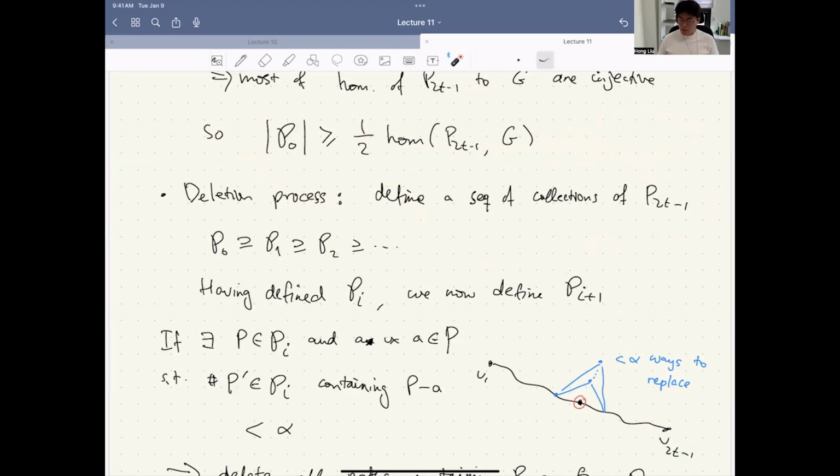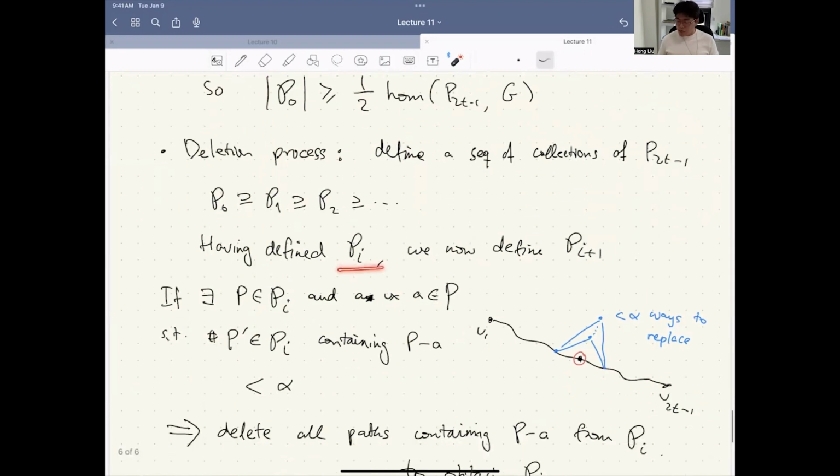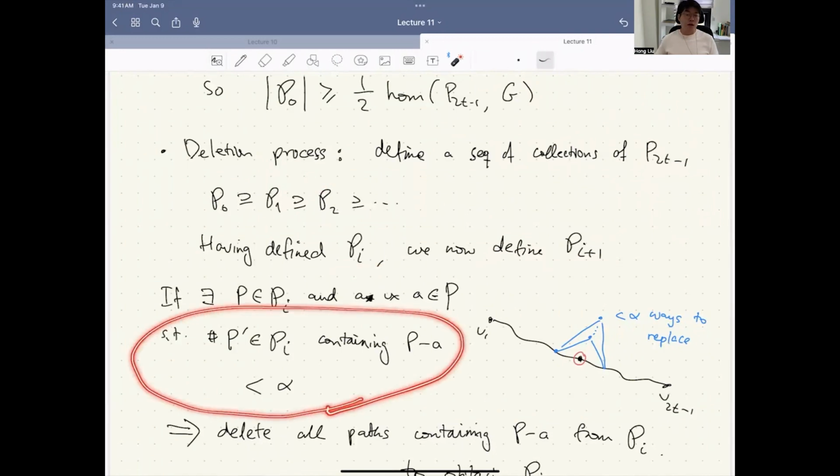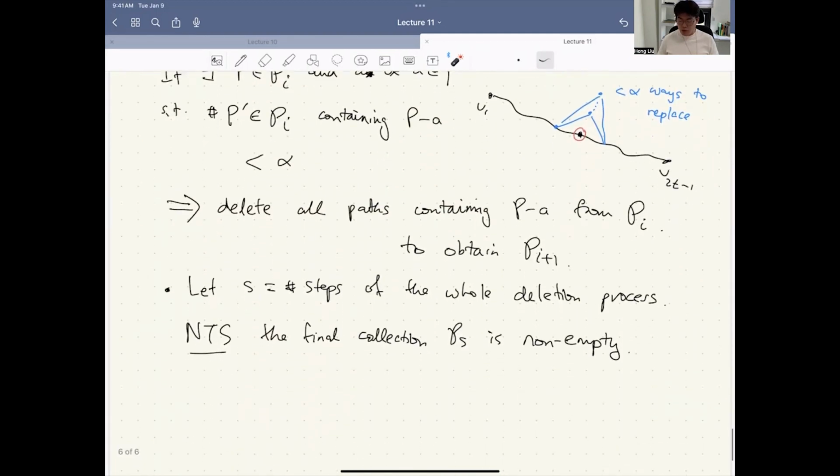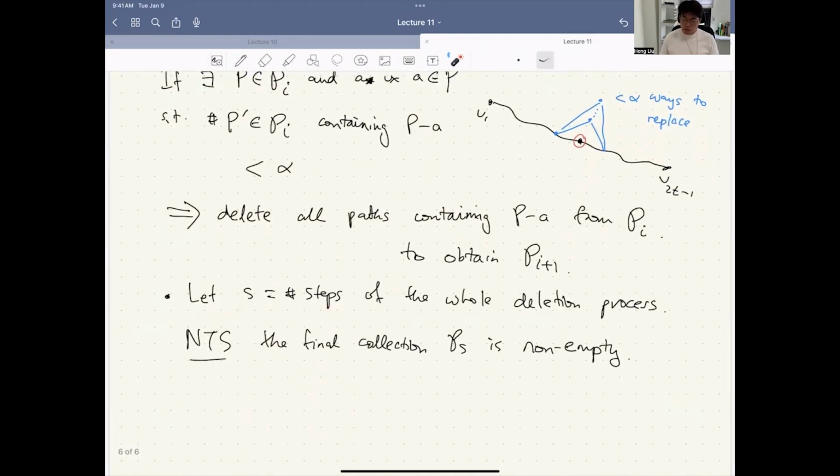At every step from P_i to P_{i+1}, one step, we delete at most alpha paths by definition. So all we need to do is to bound the number of steps times alpha. That will be the total number of paths we delete.